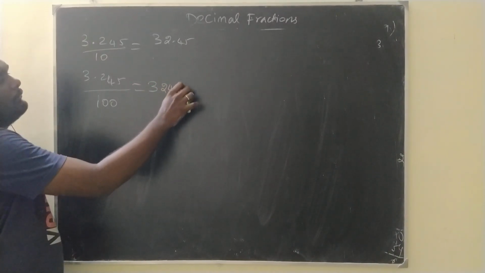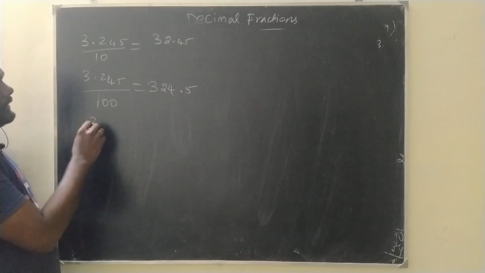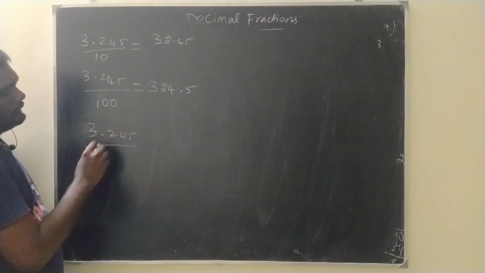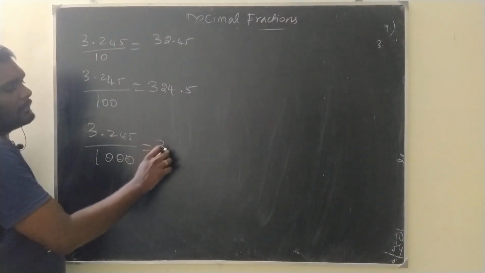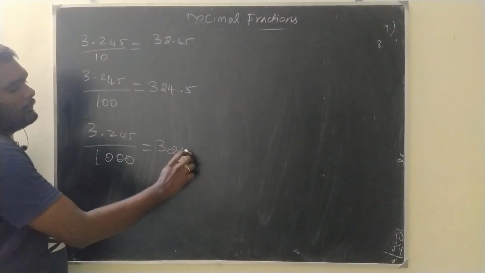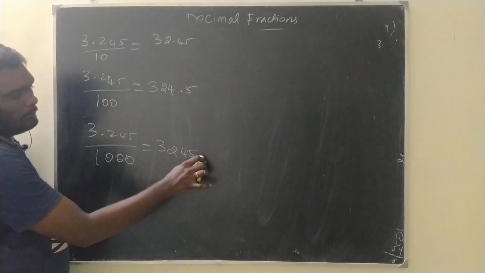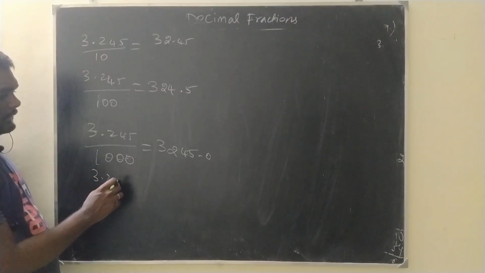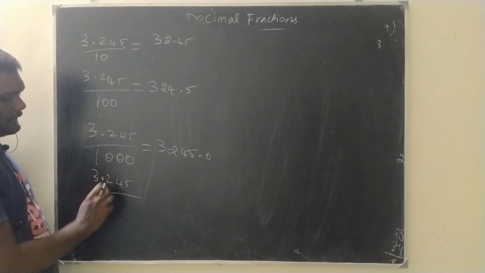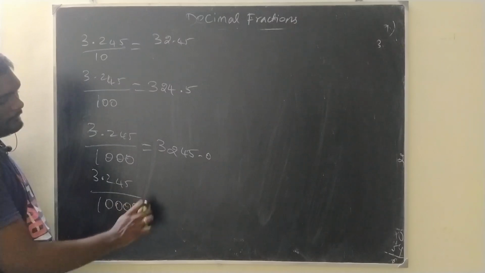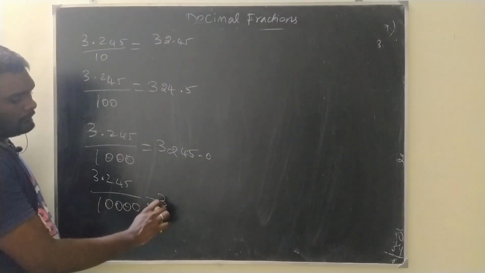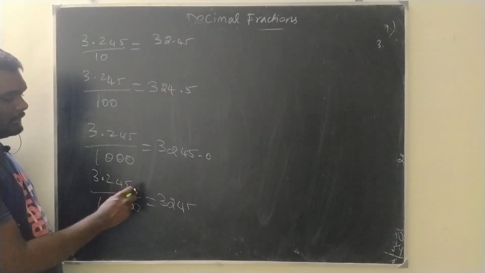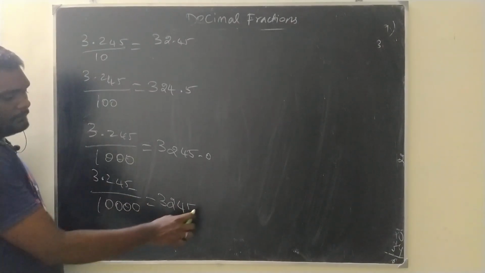From here 2 and 4 will move. Suppose 1000 is there. Three decimals, 3 already there. This 2, 4, 5 will move. Then 0.0, nothing is there. And then suppose 10,000 is there. So 3, 2, 4, 5, 3 decimal places moved. For the 4th decimal place, from here 0 will come.